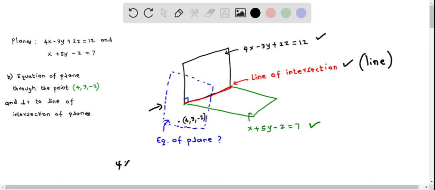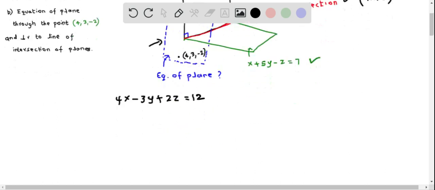So we have the first equation, that is the plane 4x minus 3y plus 2z equals 12, and the other equation is x plus 5y minus z equals 7. So we have to solve these two plane equations so that we get the equation of the line. And the equation of the line, we will get in parametric form.